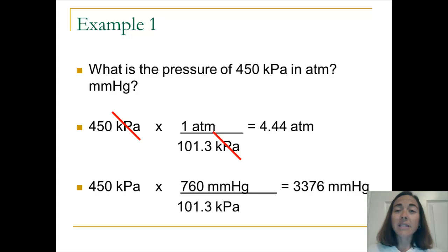That standard pressure is 101.3. So that kilopascal cancels with that one on the bottom, and when you do the math, you multiply straight across, then divide by 101.3. The conversion answer is 3,376 millimeters of mercury.